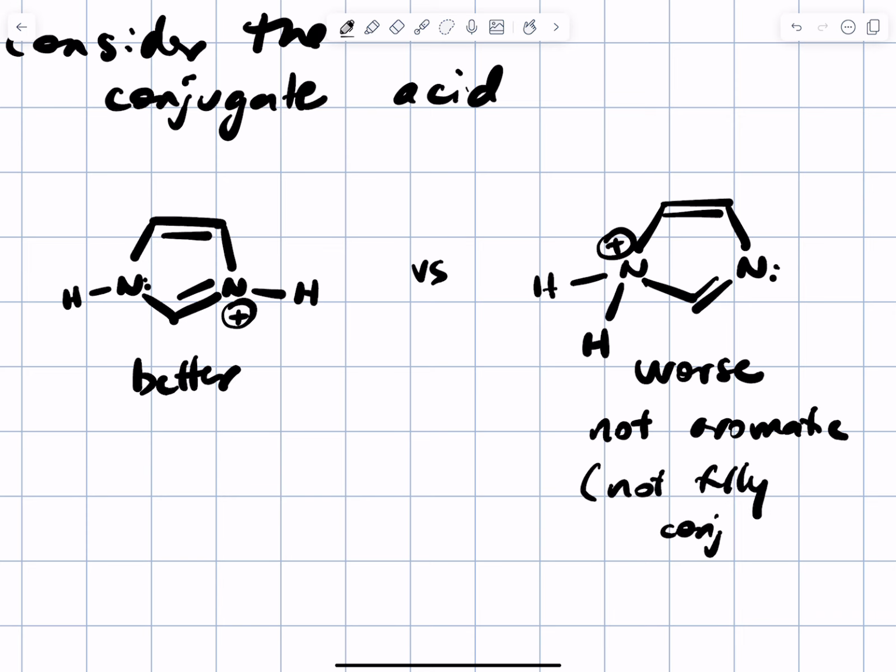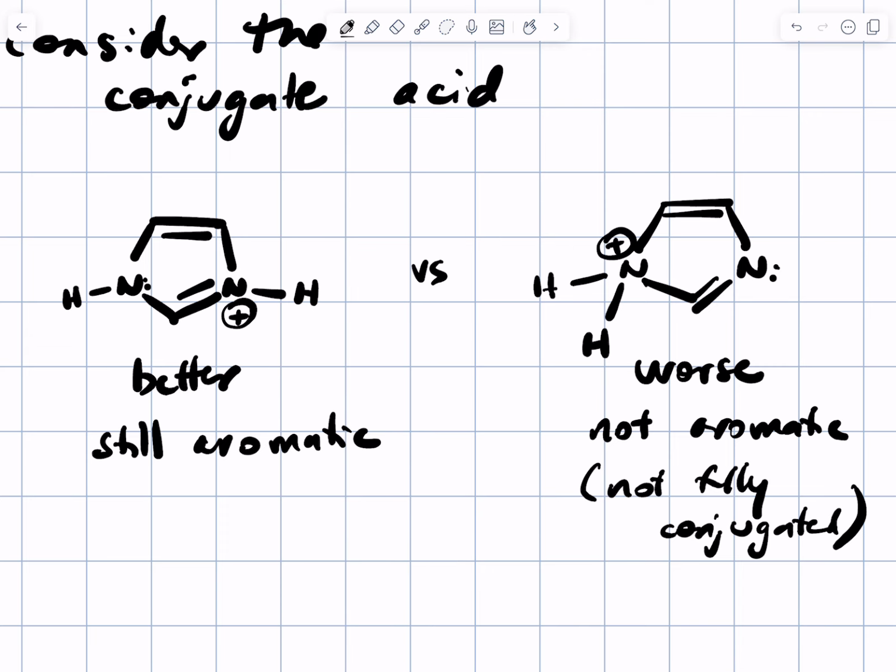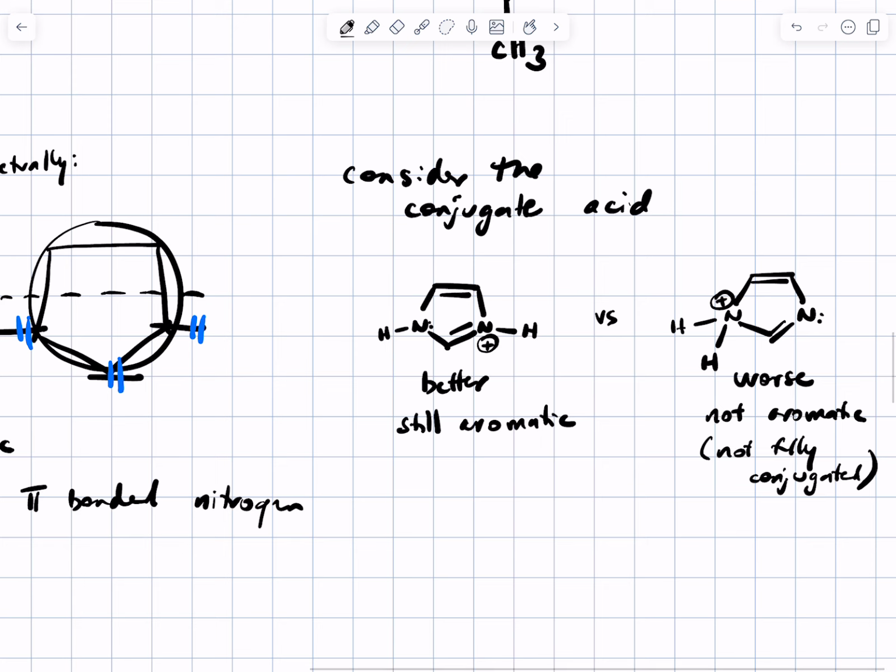The other nitrogen, the one that we protonated, is now sp3 hybridized. The ring is no longer fully conjugated, but the one on the left is still cruising around with aromaticity. It's still happy. Okay? And you can do this all the time, thinking about nitrogens in various rings.